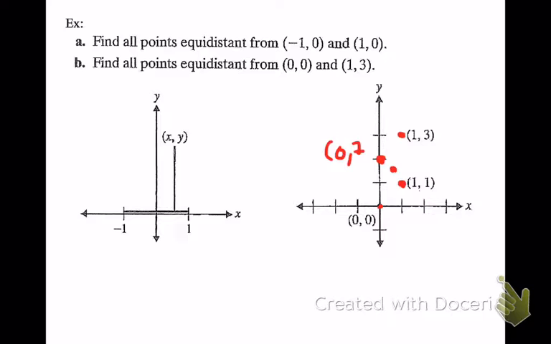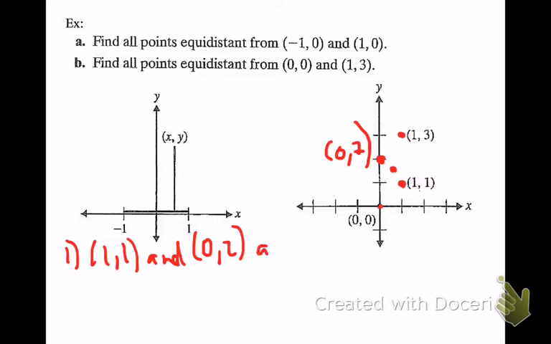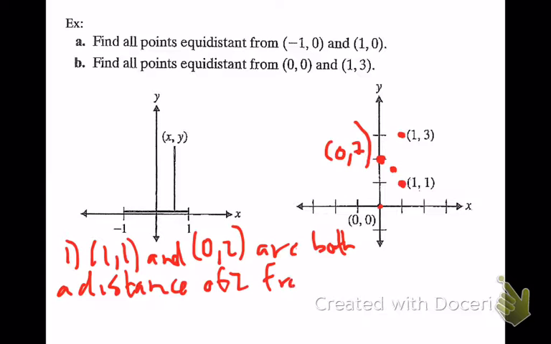That's a 2. All right? So first we have 1, 1 and 0, 2 are both a distance of 2 from 0, 0 and 1, 3. Then Braden has already given an example.